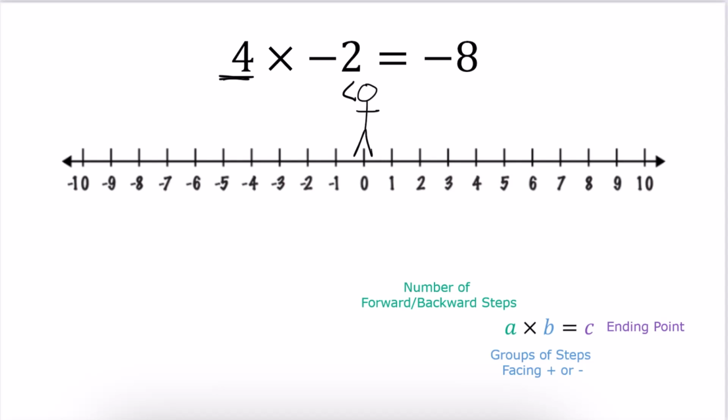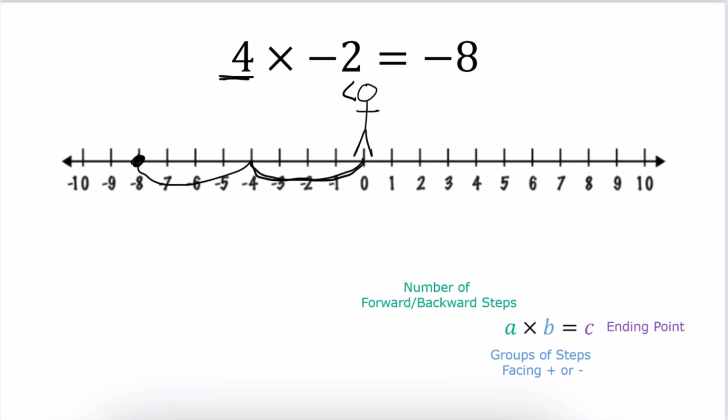So the negative 2 tells me that I'm taking two groups of steps where I'm facing the negative direction. The positive 4 tells me that each one of those groups of steps is going to be like 4 steps forward in the direction I'm facing. So I take 4 steps forward, then another group of 4 steps forward, which puts me at negative 8 and shows that positive 4 times negative 2 equals negative 8.